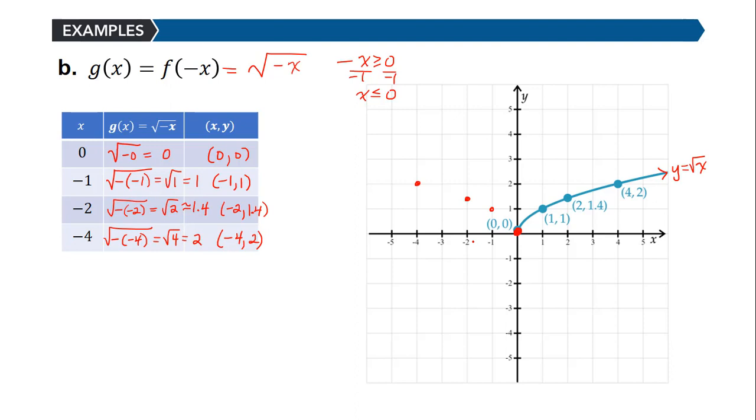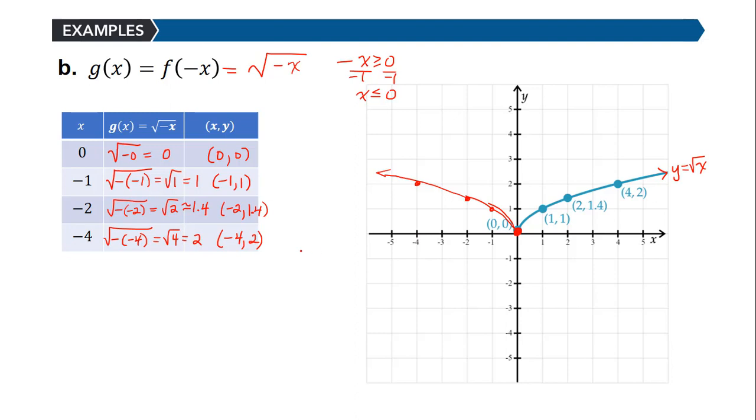So this time we have a parabola, a half parabola, that opens to the left. And notice how it relates to that original graph. If we reflect it or do the mirror image across the y-axis, we get the exact same graph.